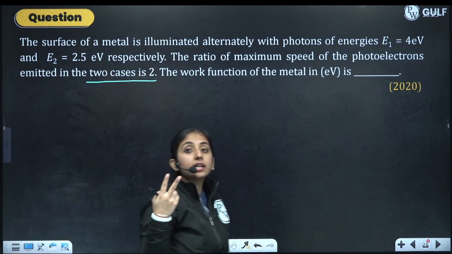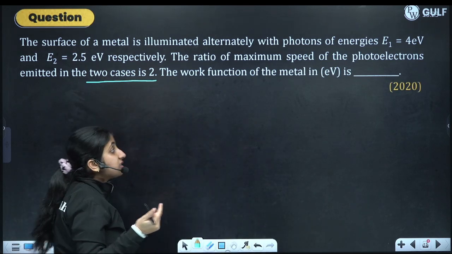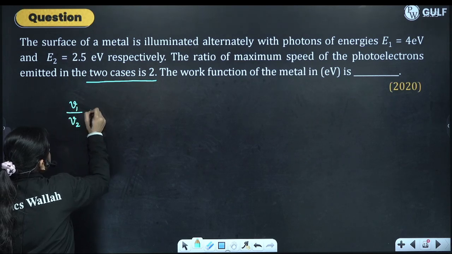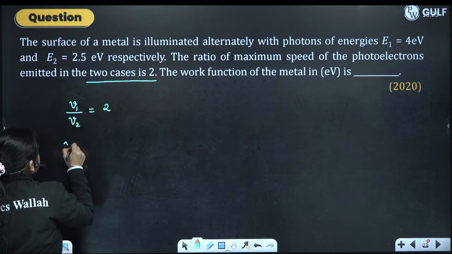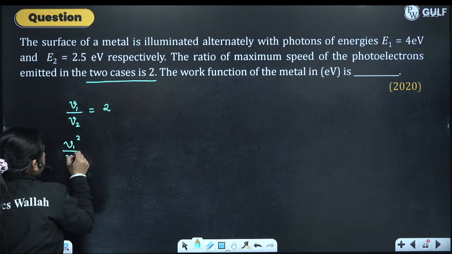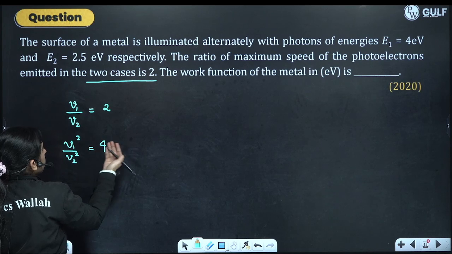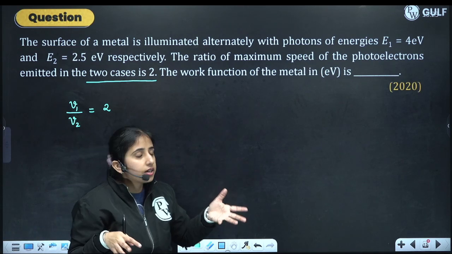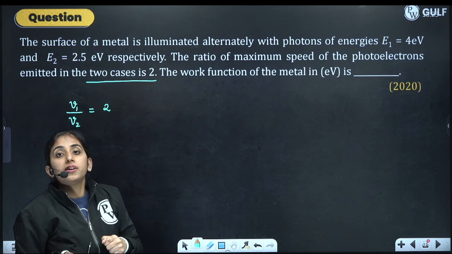We are given a ratio of maximum speed, so V1 to V2 is given as 2. Work function is what we have to find.